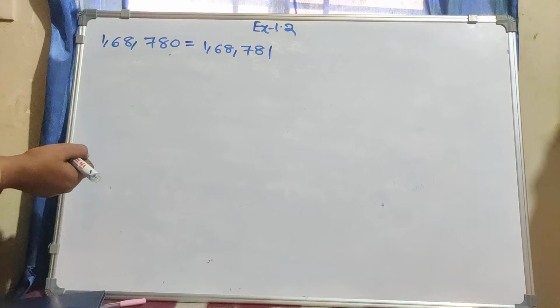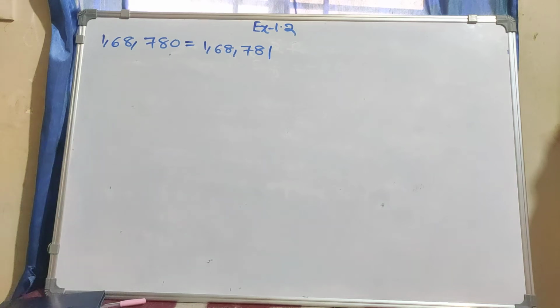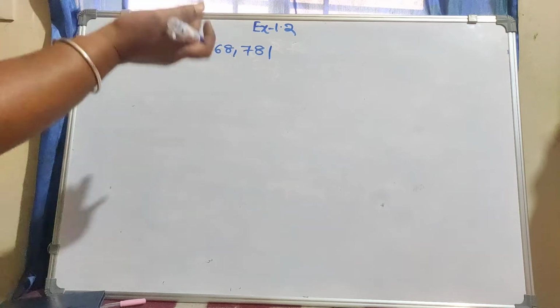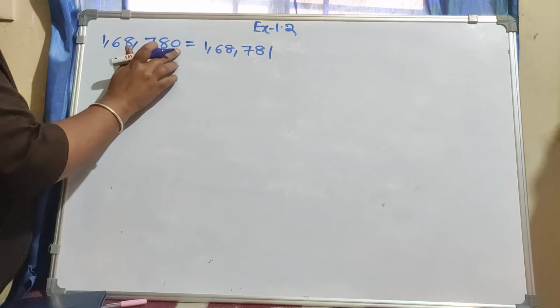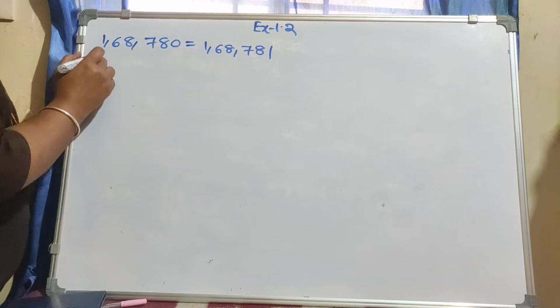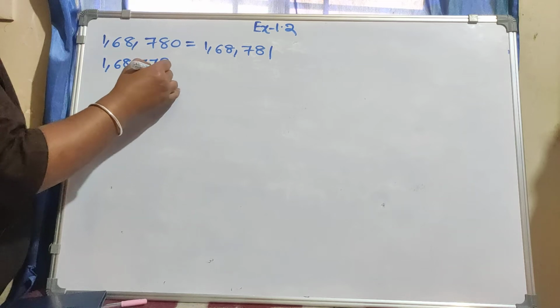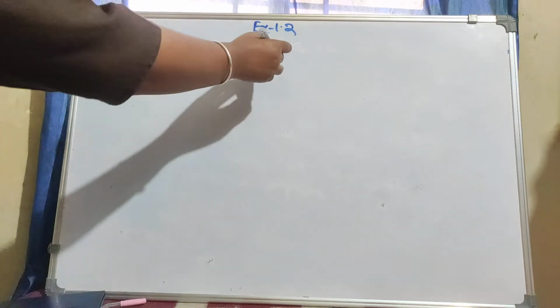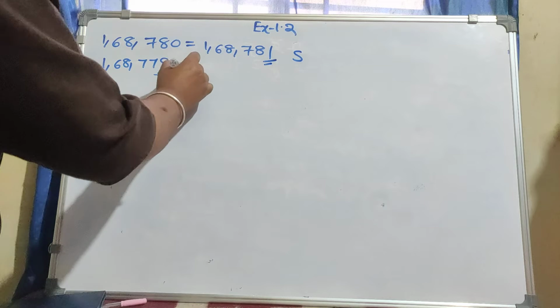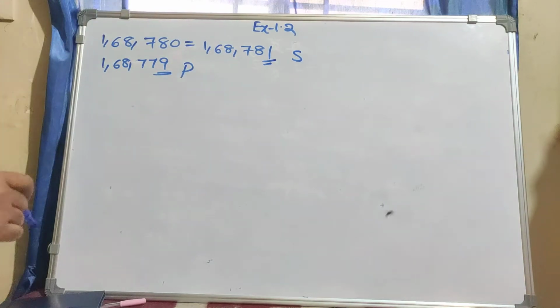The successor is 168,781. If we are looking for the predecessor, it is this minus 1. So 168,779 is the predecessor. So this is the successor, this is the predecessor.